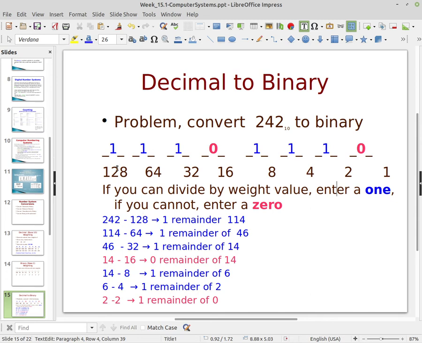So the way to do that is you want to kind of write this out. So we have the ones column, the twos column, the fours column, the eights column, the 16s column, 32 column, 64 column, 128 column, and the next one would be 2 times that. Notice each one of these, if you start from the right, you have the ones.